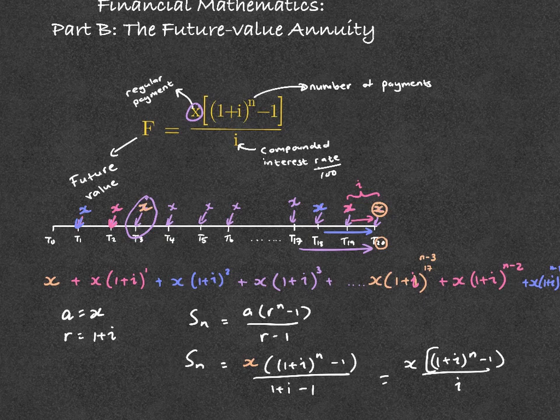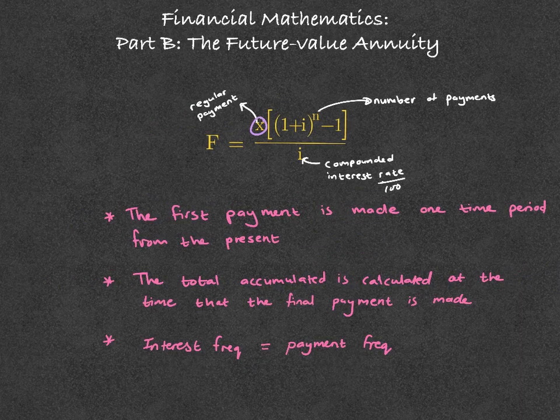Okay, again, you don't need to know how to derive the formula. It's not one of the proofs, but I do think this will give you a good idea about what this is all about. Let's quickly look at just 3 assumptions about the formula. The first one is that the first payment is made one time period from the present. So if you take out a future value annuity now, like a retirement fund, the payment is made at the beginning of next month, right?